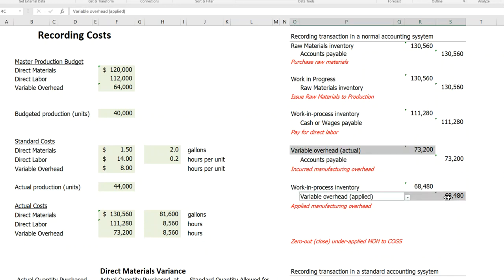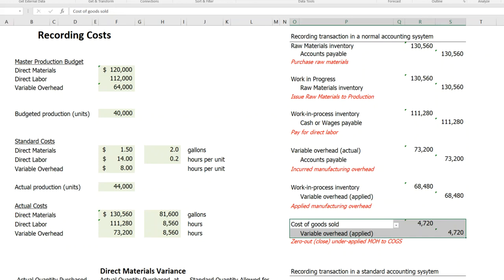We applied $68,480, so we had underapplied manufacturing overhead, which meant work in process was too low, finished goods was too low, and cost of goods sold was too low. So we end up debiting cost of goods sold and crediting variable manufacturing overhead. So again, that's just a quick review of recording cost in a normal accounting system.